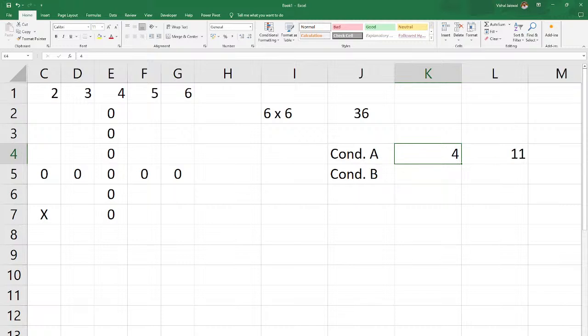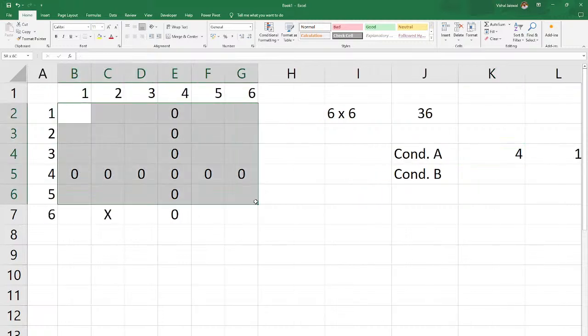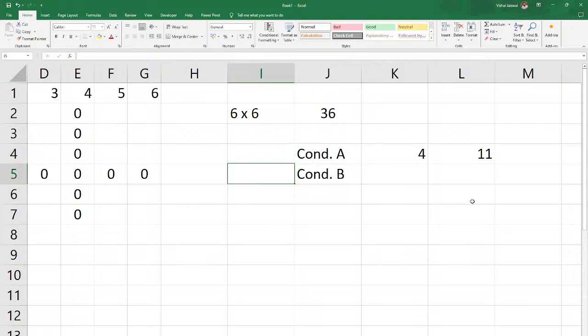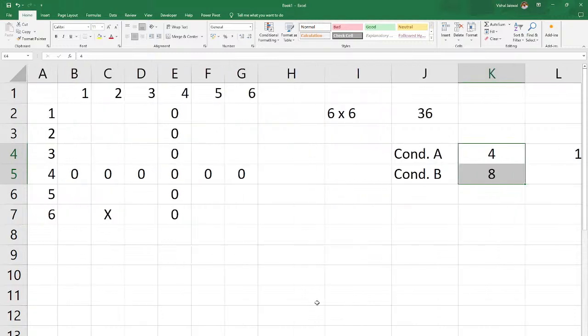There are 11 events where it fulfills condition A. Condition B is the sum should be 8. Now we are figuring out how many possibilities there are where it can be 8.